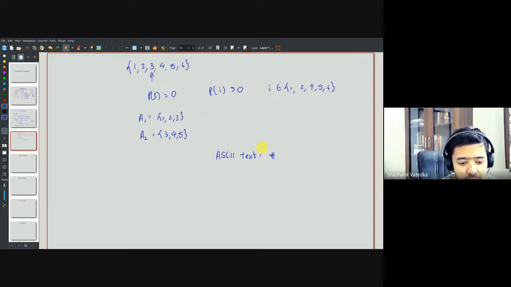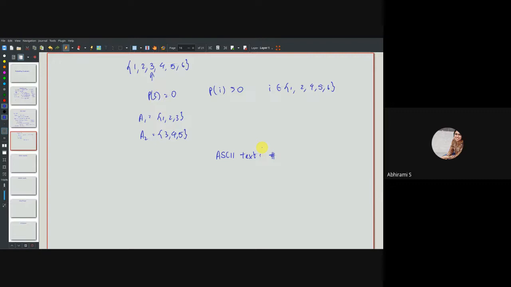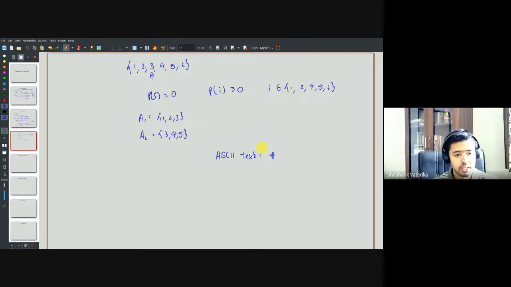So, for example, when you're designing a compressor, you should take into account everything. But the actual source may not produce certain characters at all. As part of the algorithm design, you should keep that in mind. Does that make sense? Yes, sir. Thank you. Okay. Any other questions?